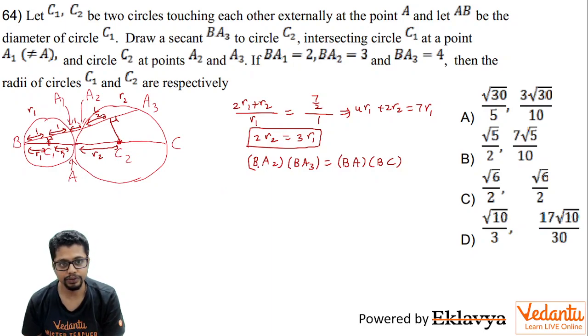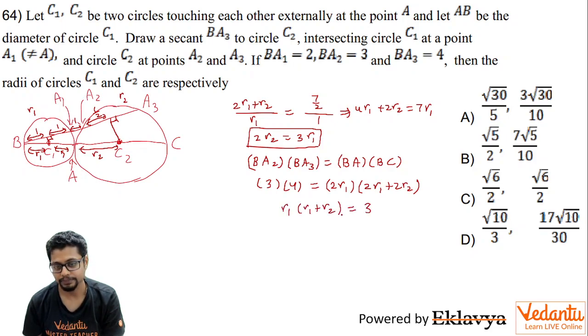BA2 is essentially 3, and BA3 is 4. And BA is 2R1. And BC is 2R1 plus 2R2. So what you get is R1 times (R1 plus R2) is equal to 3. And you already know that R2 is 3 by 2 R1.